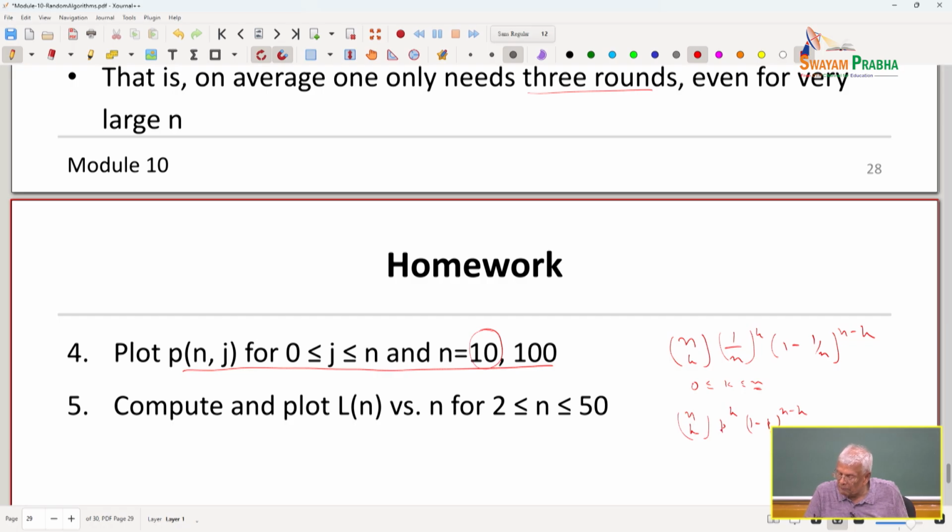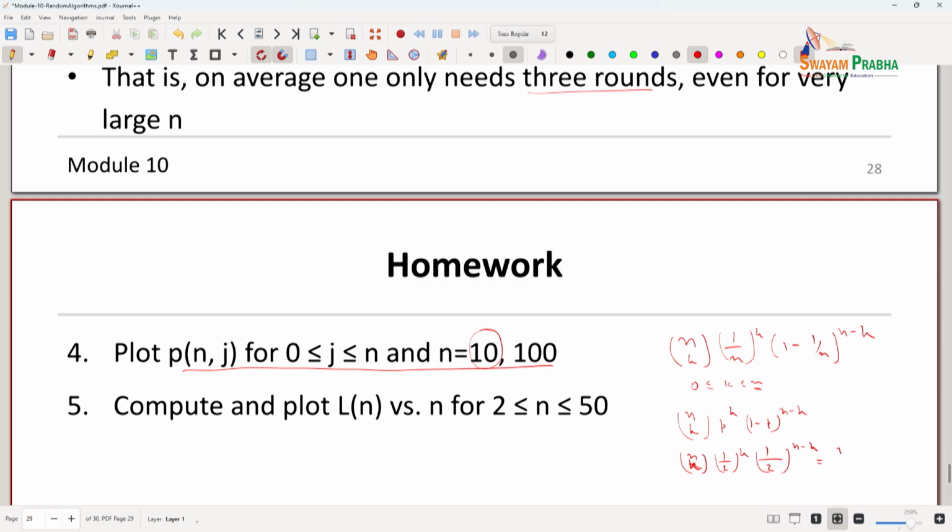When p is half, this becomes C(n,k) times 1 over 2 to the power k, times 1 over 2 to the power n minus k, which equals C(n,k) times 1 over 2 to the power of n. So I would like you to plot this with p equal to half, plot this with p equal to 0.3, p equal to 0.7.